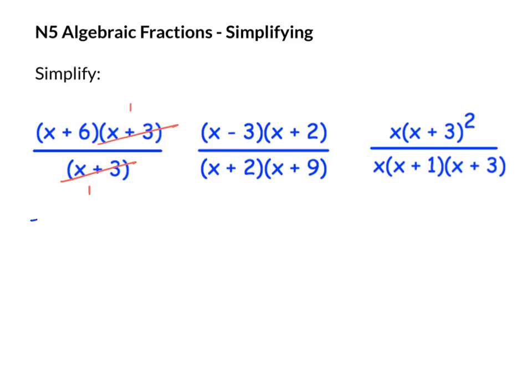This means I can write this as x plus 6 times the 1 over 1. Now, I could write that as over 1, however that is not the fraction in its simplest form. We never write over 1. That is it in its simplest form.